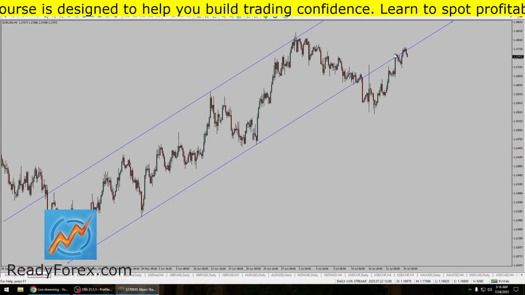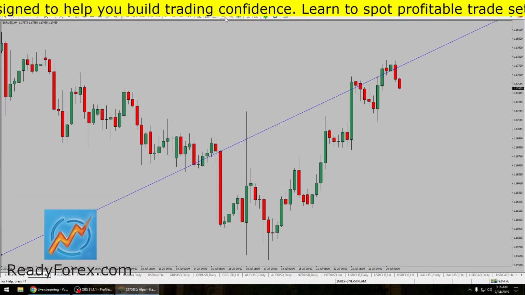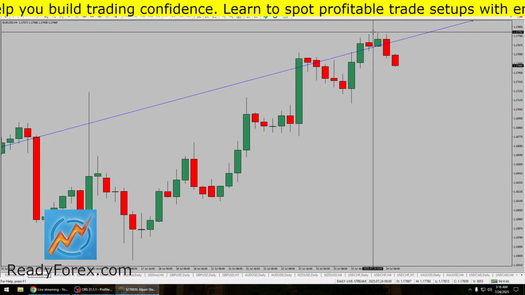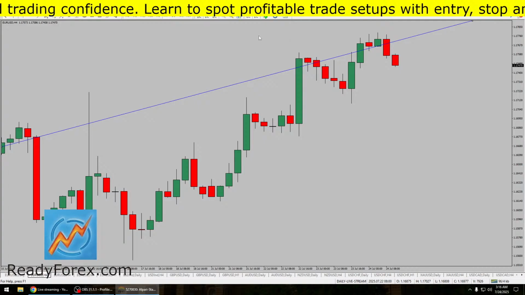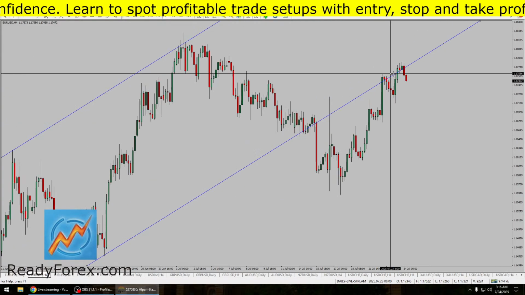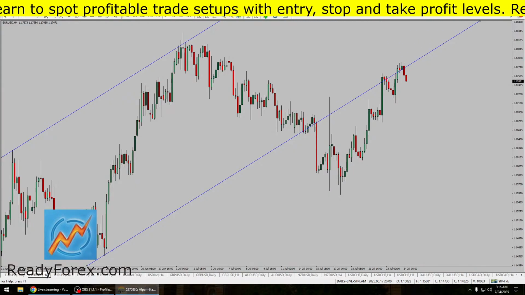We got this test over here, another one over here. If I zoom in a little bit, we got a breakout. We got the candlestick close above the trend line, and I see this decline in euro dollar is just a pullback, that's all.